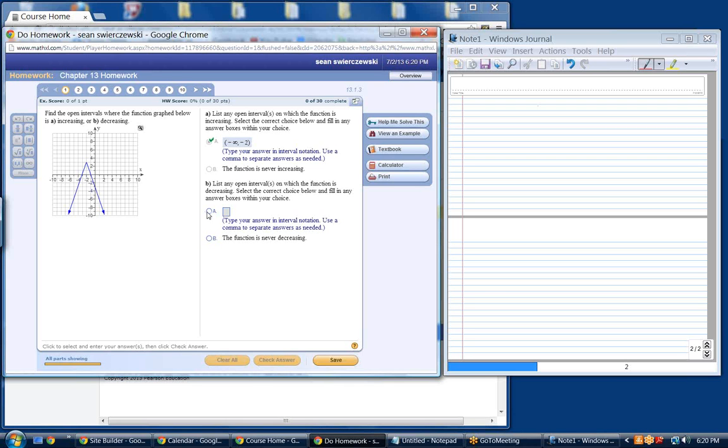Negative 2 to infinity. And then, of course, infinity always has a parenthesis, never a bracket. Number 2, right? Yep.